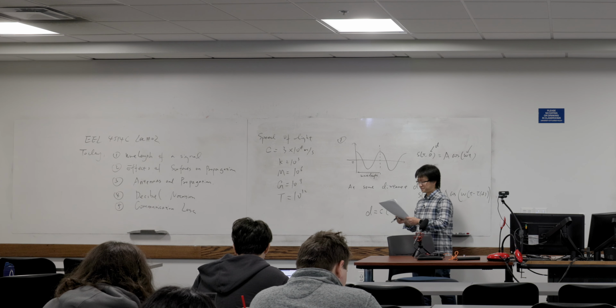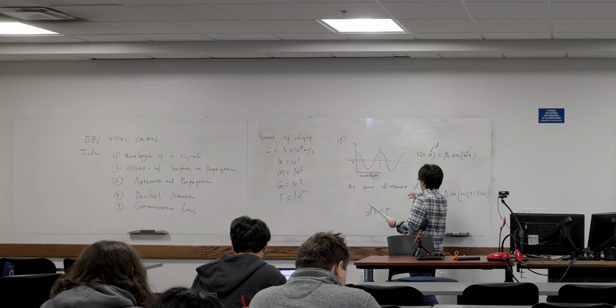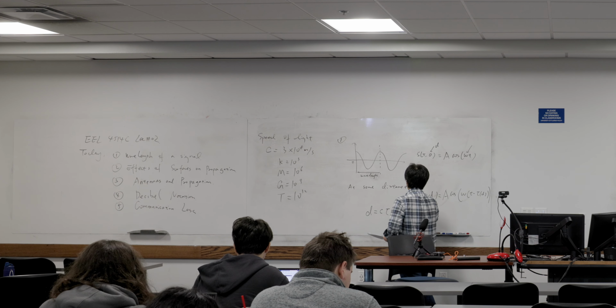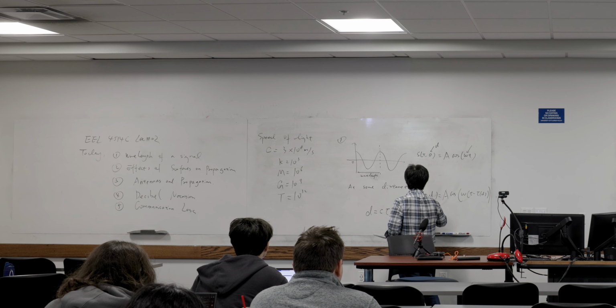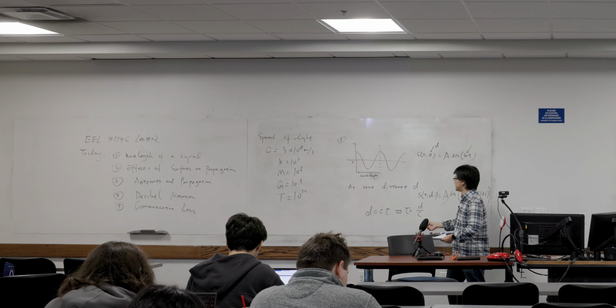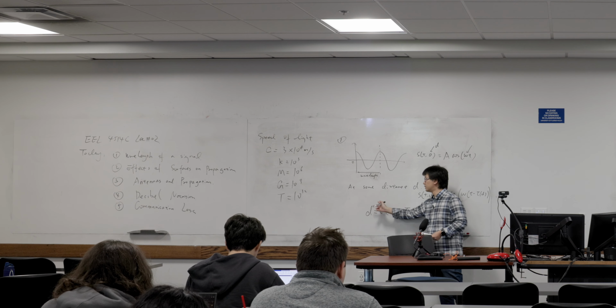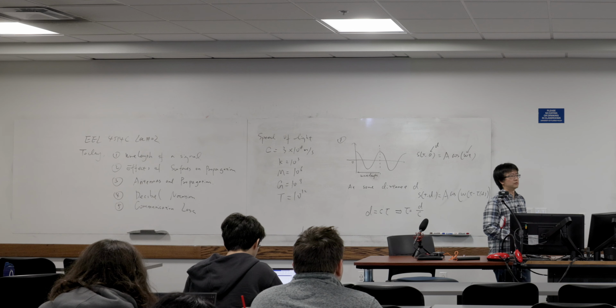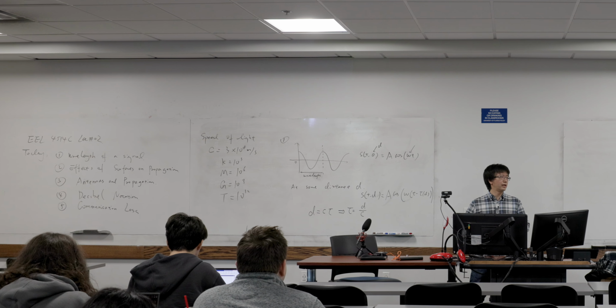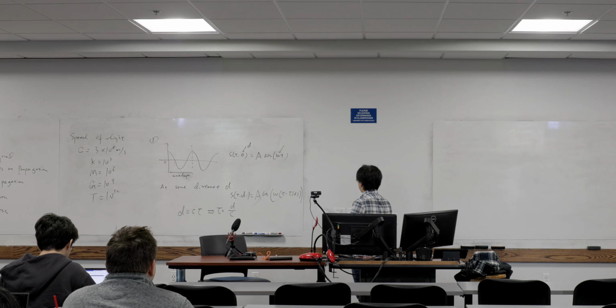From here we can see that tau equals d over c. This is the speed, this is the time, and multiplying these two together we get the distance. This is relatively straightforward.